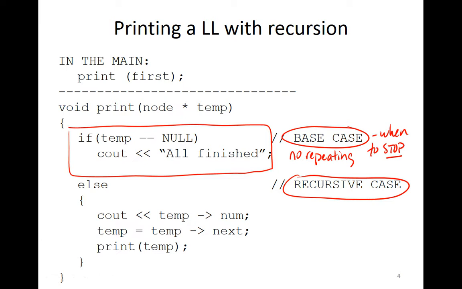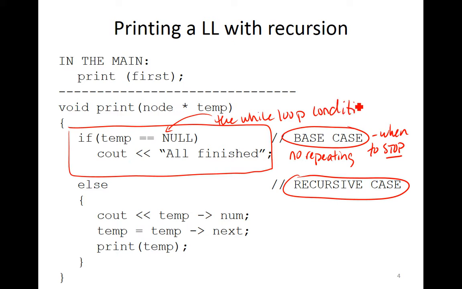Which, of course, 99 times out of 100 is when you sort of reach the end, so to speak, right? So probably most of the time, your base case is going to be when temp is null, or maybe when temp's next is null, something like that. So for the most part, the condition that's going to be in your base case is probably the equivalent of the while loop condition.